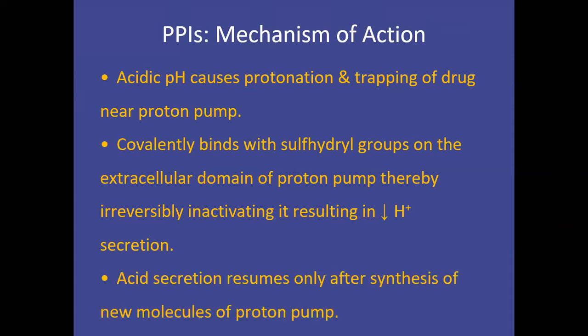Acid secretion resumes only after synthesis of new molecules of proton pump, because once the proton pump has been covalently bound, it is inactivated for life. The acid resumption has to take place after the de novo synthesis of new proteins, new pumps.